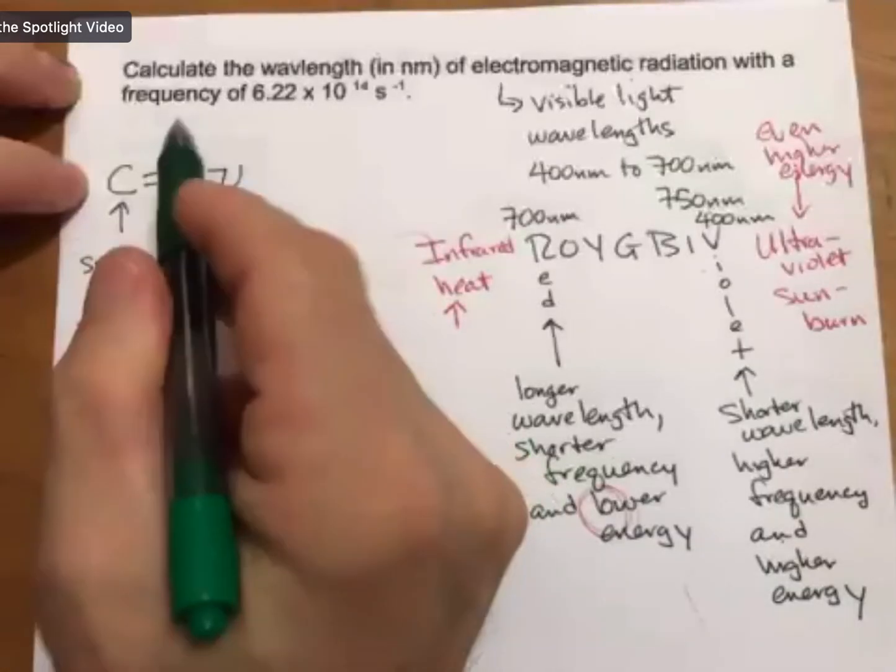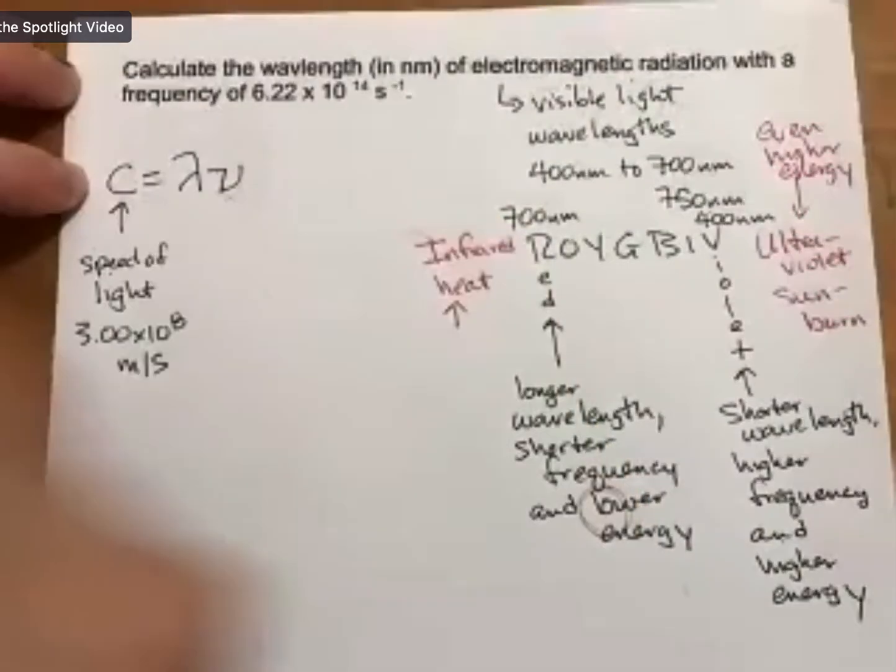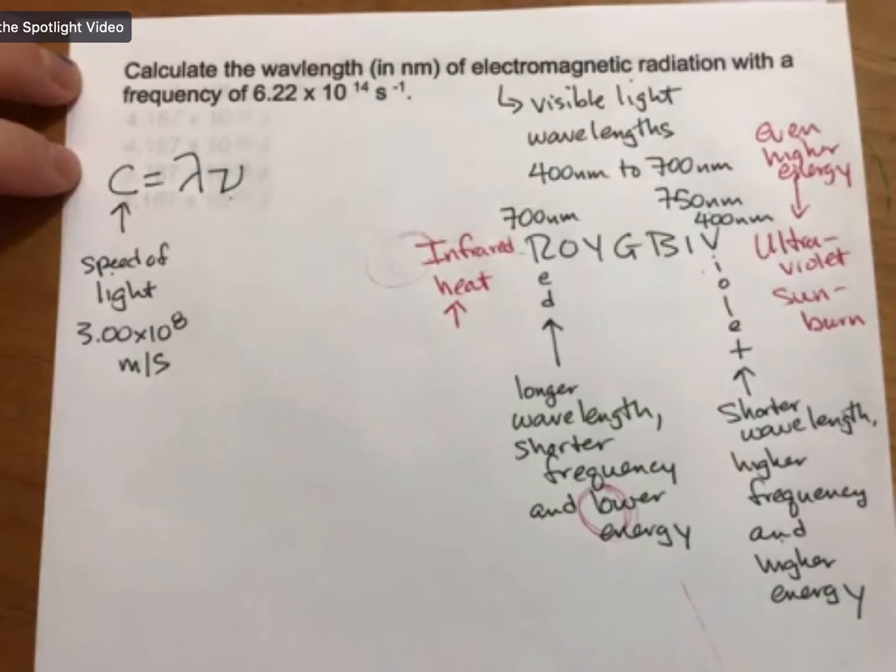We've been given our frequency in seconds to the minus 1, which is the same thing as 1 over seconds.